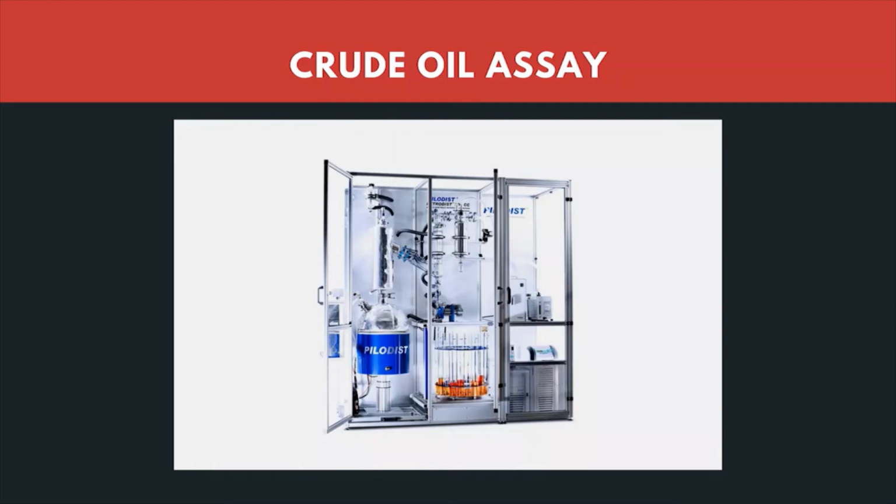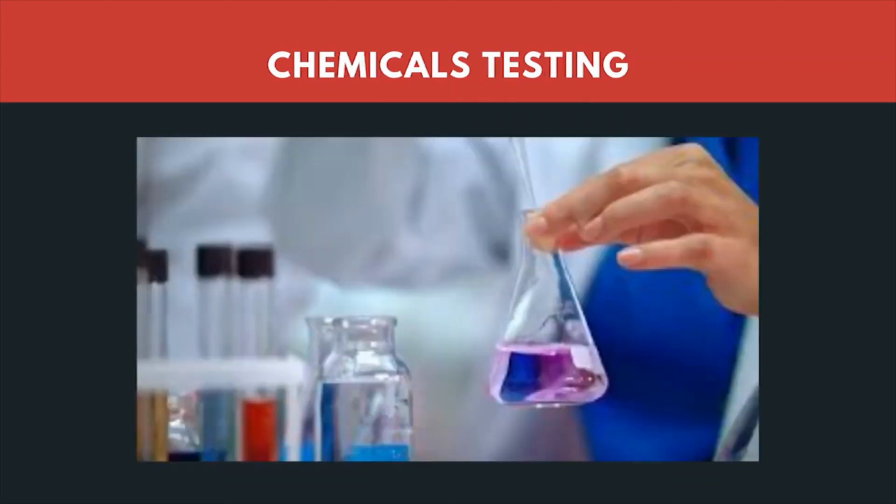The crude oil is tested thoroughly, and the result is known as the crude oil assay. This is to ensure whether the crude oil is suitable enough to be processed inside the particular plant. Apart from products and raw materials, in a refinery, a lot of chemicals are being consumed. These chemicals are also tested for their purity, their strength, etc.